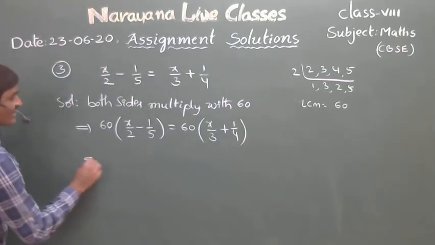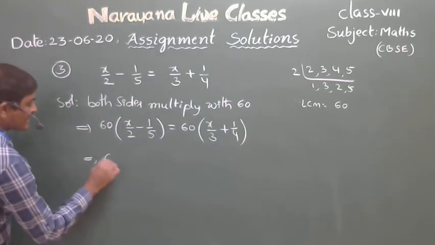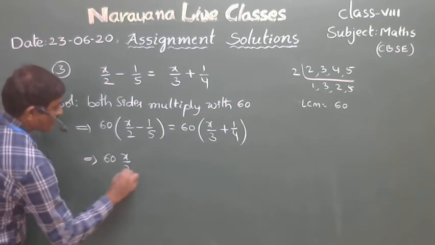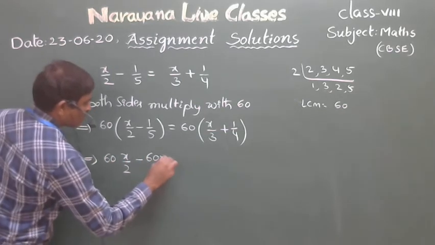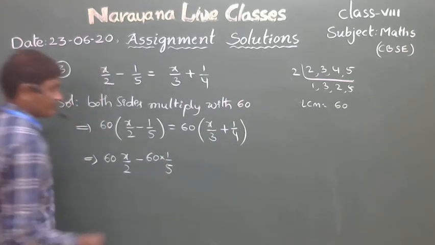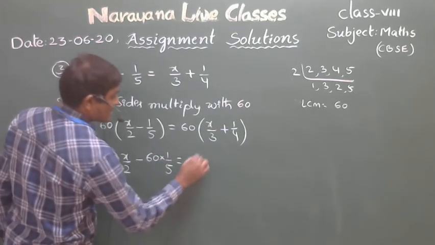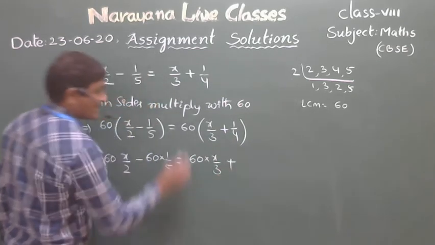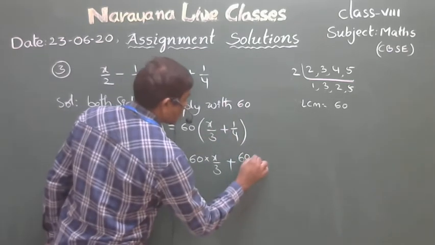Now both the terms multiply with 60: 60 into x by 2 minus 60 into 1 by 5 equal to 60 into x by 3 plus 60 into 1 by 4.